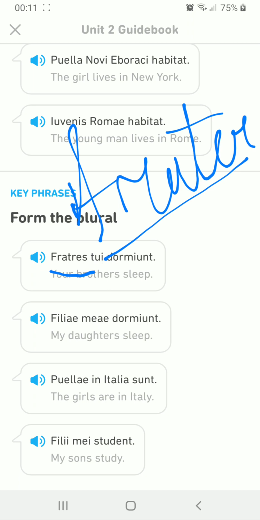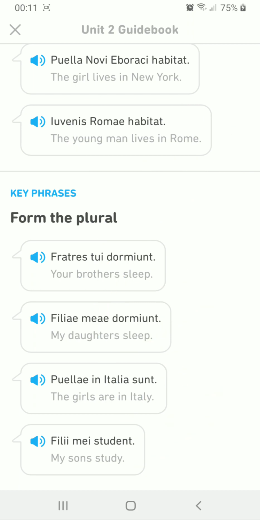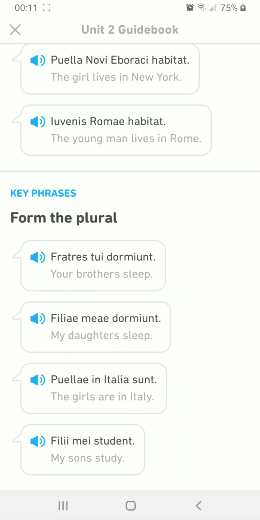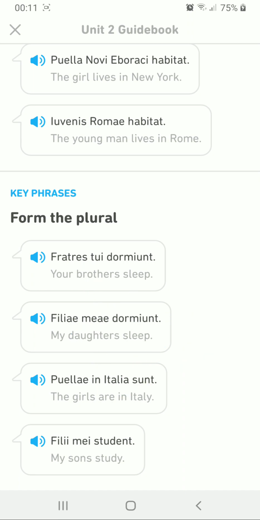So the ending also changes. Tui. We have seen tuus, which was your, but in plural it becomes masculine plural, more precisely. So tui is the masculine plural form of your.